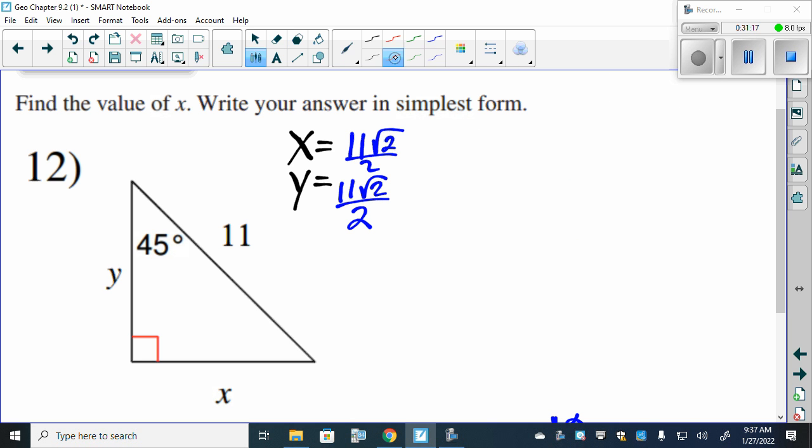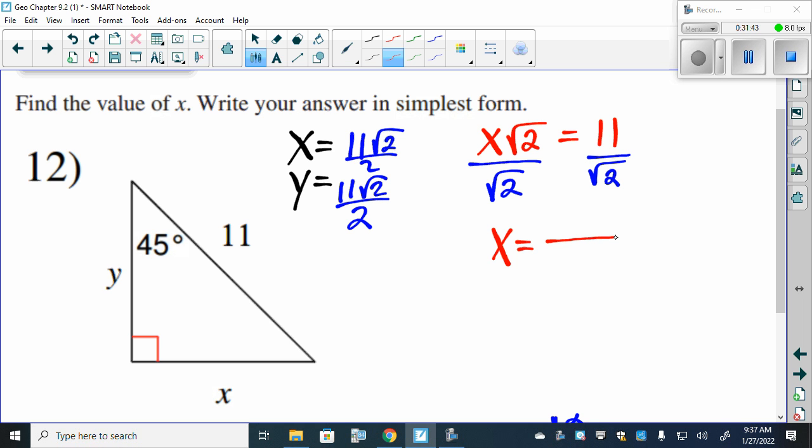Well, let's look at the way we just said. The leg we can call x times the square root of 2. The leg times the square root of 2 should give us the hypotenuse, which is, well, I can divide both sides by the square root of 2, which tells us x is equal to what?